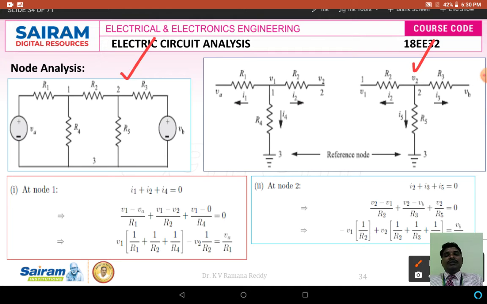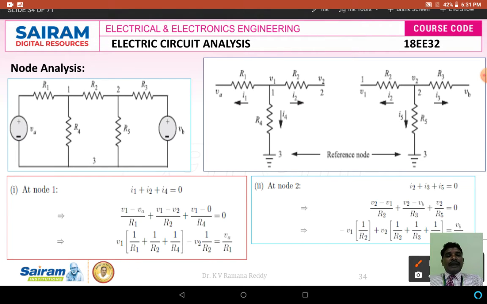Node 2 is connected to the branches R2, R3, R5 with respect to the reference node V3. To find the unknown voltage V2, I am going to analyze the currents I2, I3 and I5, how they are flowing in node 2 and its associated branches.